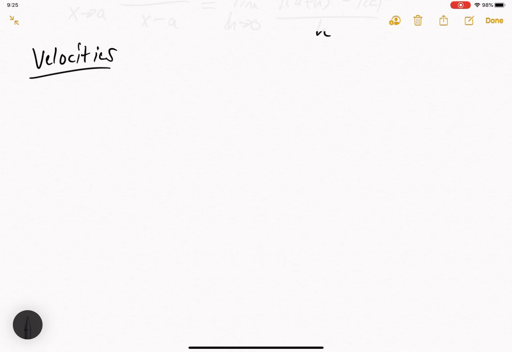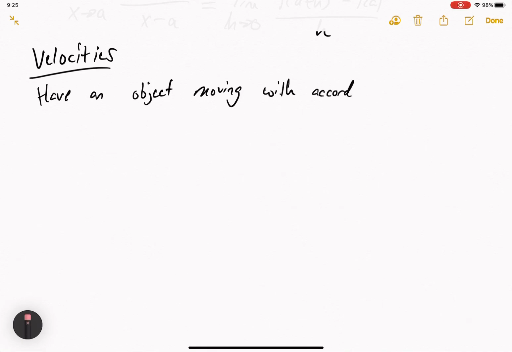So we say we have an object moving, according to an equation of motion, and what the s of t just means is that s is the displacement at time t.